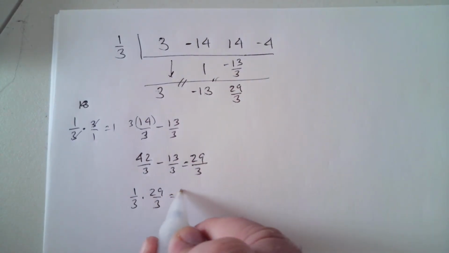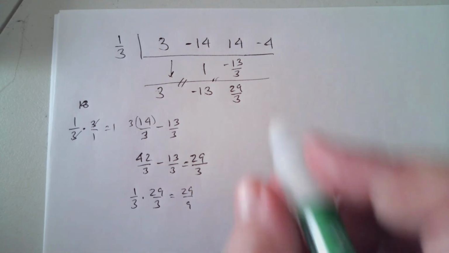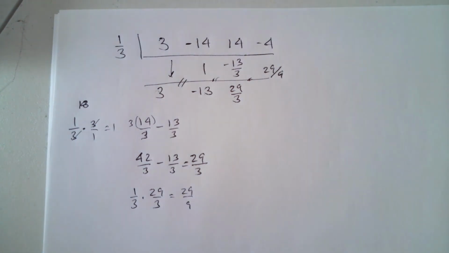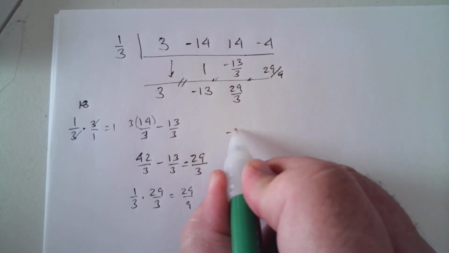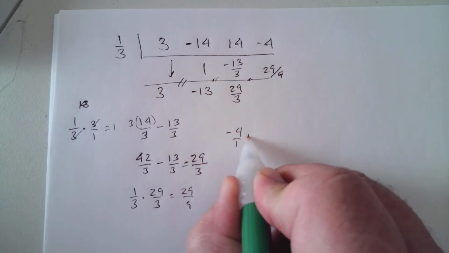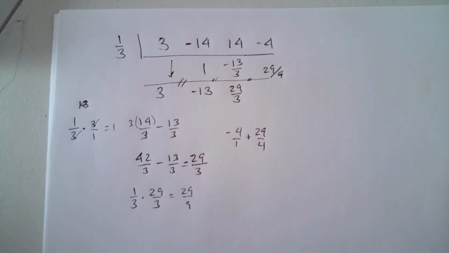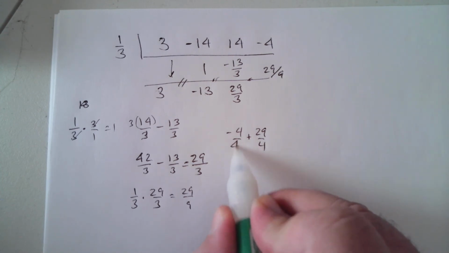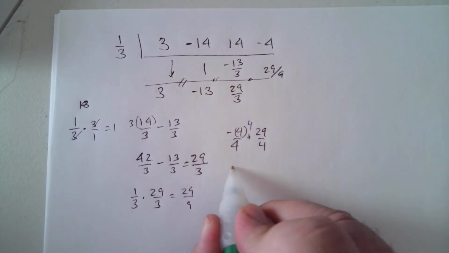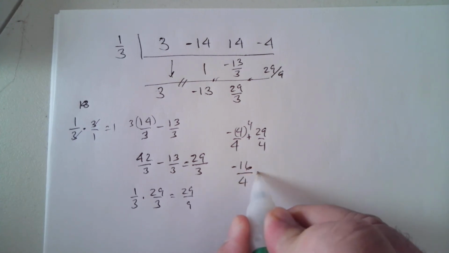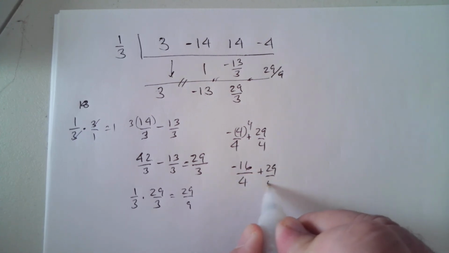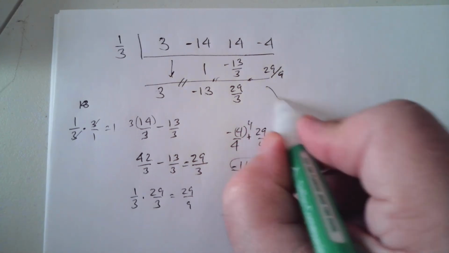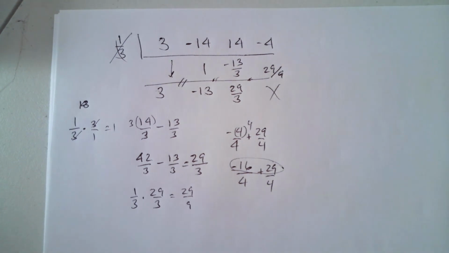Nothing cancels, so we go straight across: 29 over 9. So we have negative 4 over 1 plus 29 over 9. Let's get a common denominator, so let's multiply this one by 9, top and bottom. So it's negative 36 over 9 plus 29 over 9. Since these are not the same, 1/3 doesn't work.